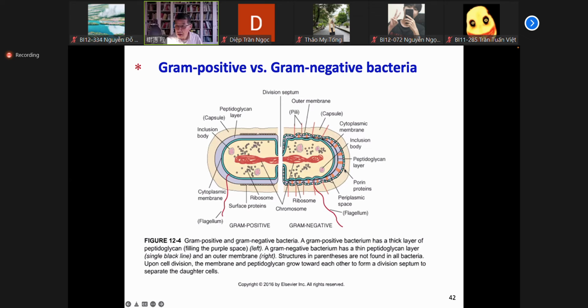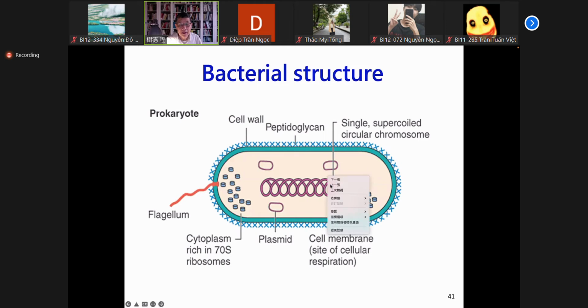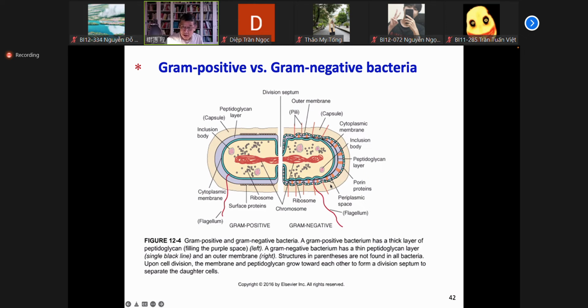Outside the outer membrane, there's a capsule or other structures. And there's a space between the inner membrane and outer membrane, called the periplasm. It has many more structures. So I'll give a more detailed description of these gram-positive and gram-negative ones.